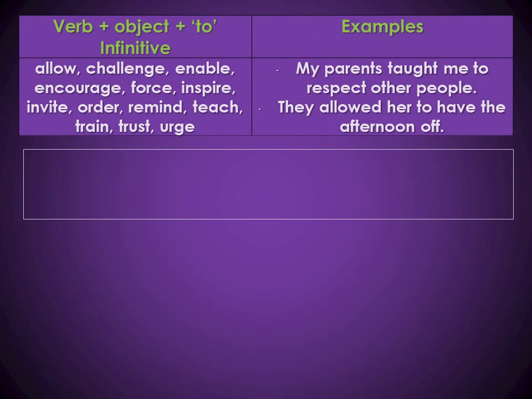Now, verbs plus to infinitive, which are always used with objects. Guys, are you familiar with the meaning of enable, encourage, beautiful word formation? How exactly do we use remind? How does it differ from remember and recall and resemble? Wow!